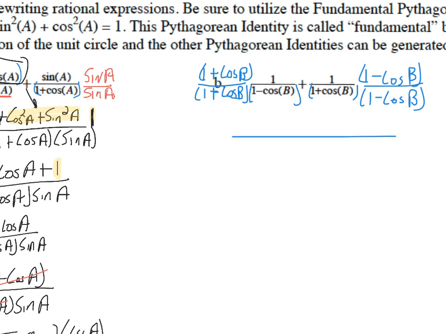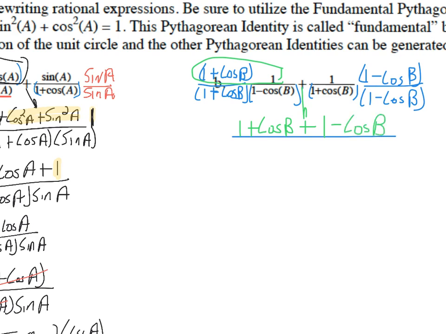My numerator right here, let's change color. One plus cosine b times 1 is just 1 plus the cosine of b. Bring down this plus sign, plus 1 times 1 minus the cosine of b is just 1 minus the cosine of b.